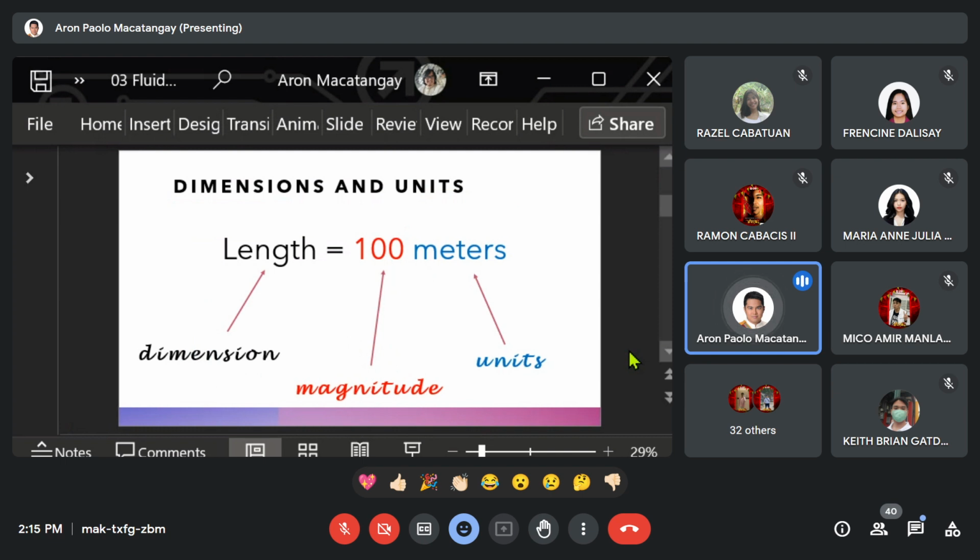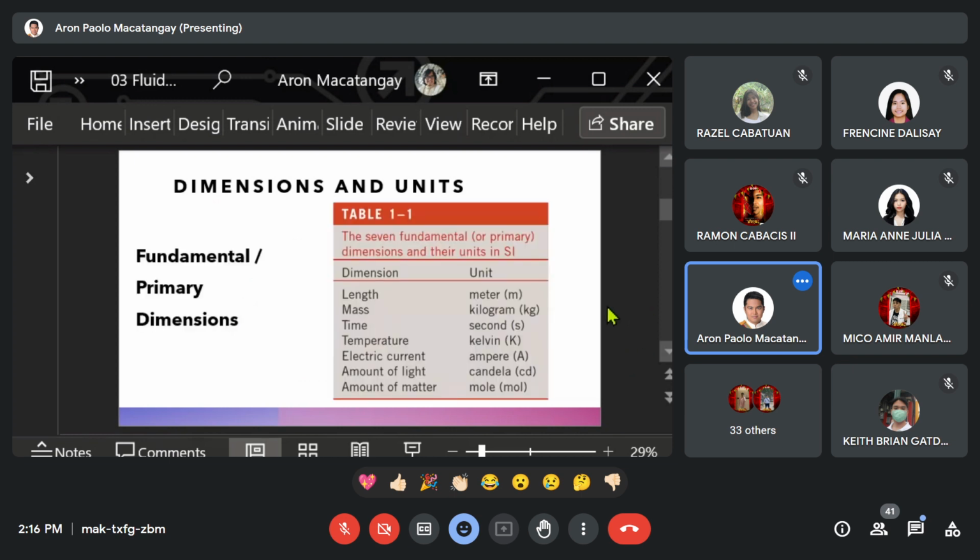That's the amount of the dimension used to describe your physical object. Meters naman there is the unit, the unit of measurement used to describe your dimension. Together, the magnitude and units are what we usually use when describing physical properties. Okay?